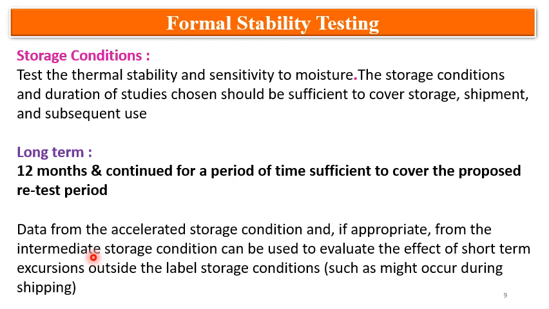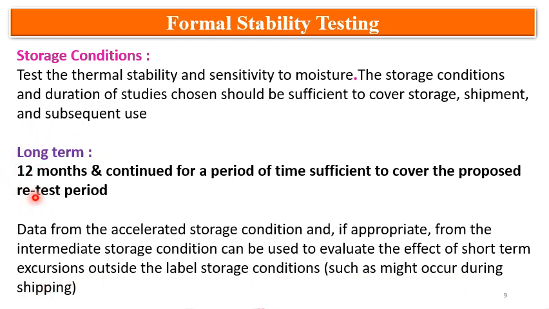For this, long term is 12 months and continued for a period of time sufficient to cover the proposed retest period. Data from the accelerated storage condition, if appropriate from the intermediate storage condition, can be used to evaluate the effect of short-term excursions outside the label storage conditions, such as might occur during the shipping.